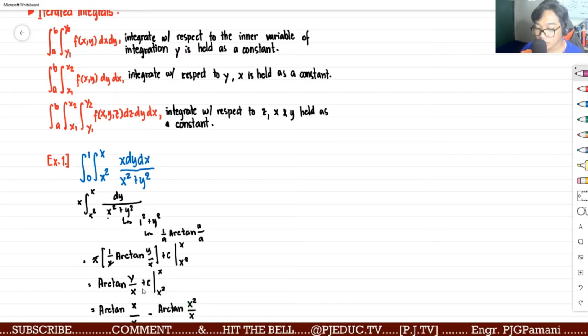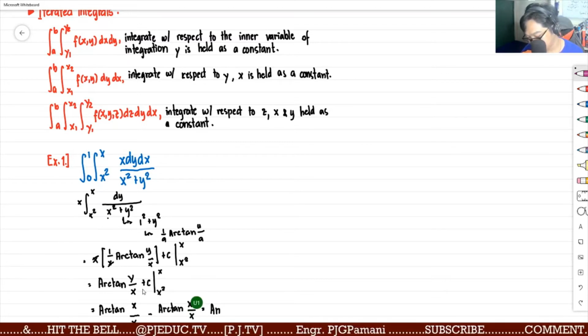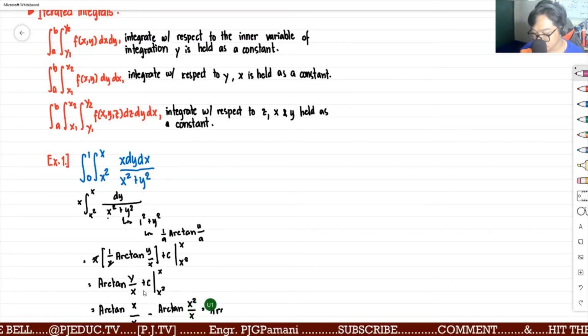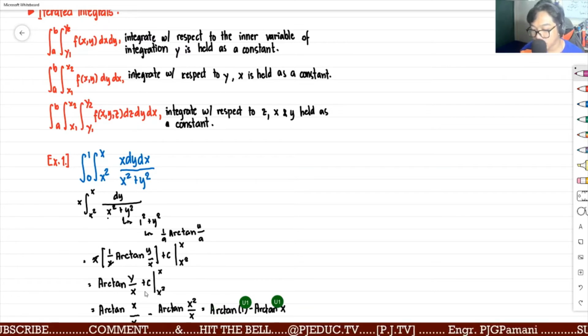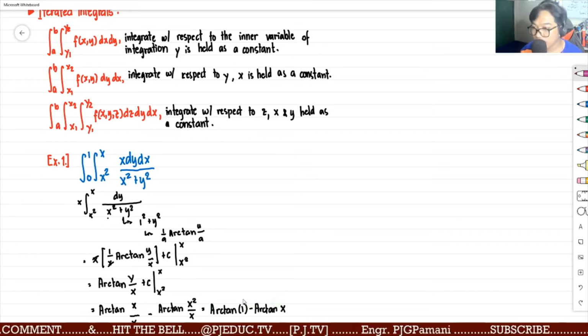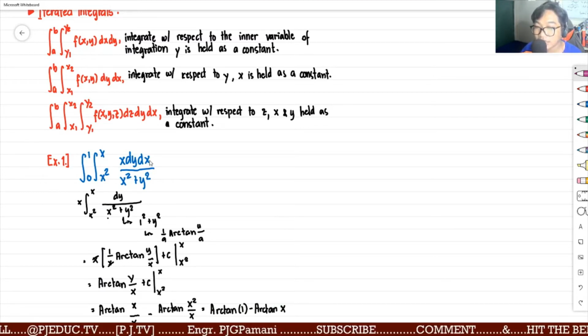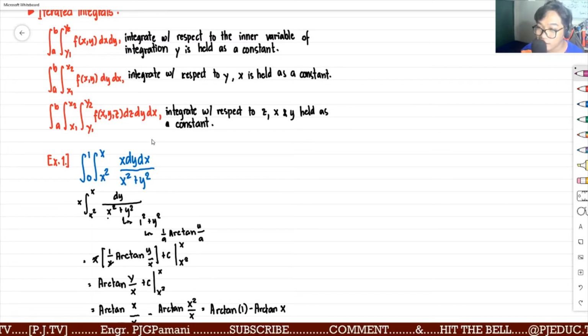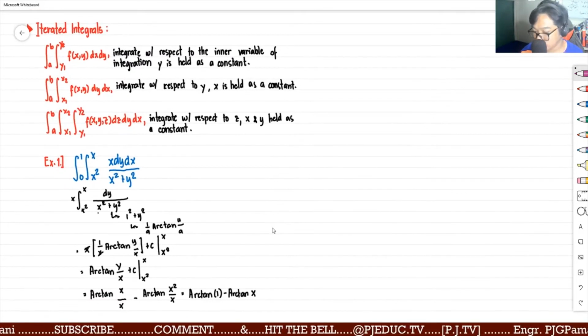Simplify, we'll then have arctan 1 minus arctan x. Okay? So from that point, we could then now perform the second integration. That is with respect to variable x. Naintindihan po ba kung paano tayo lumipat doon sa variable x?